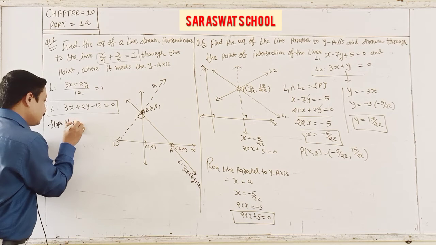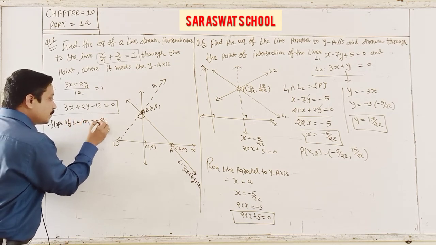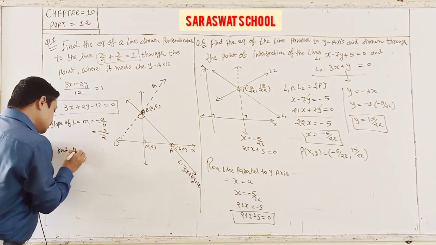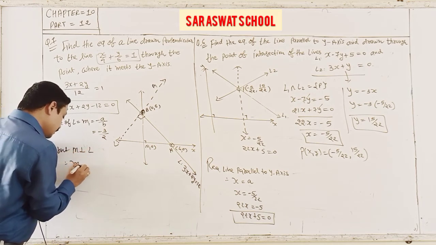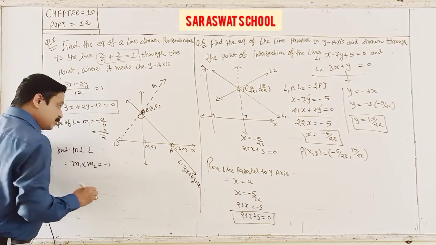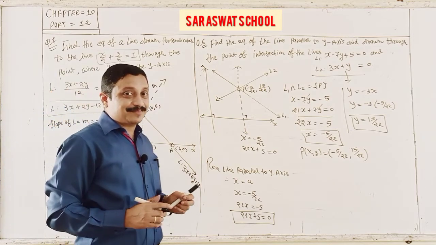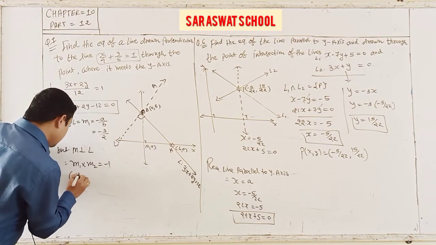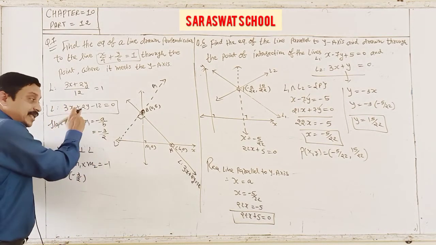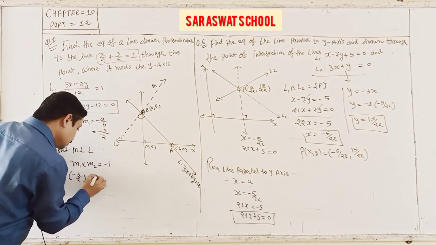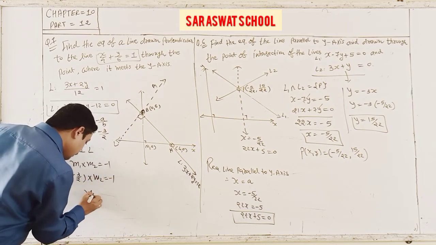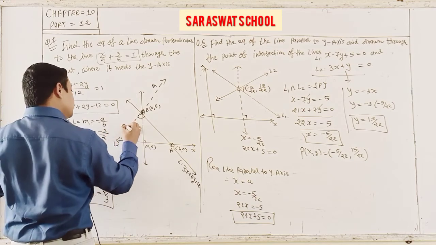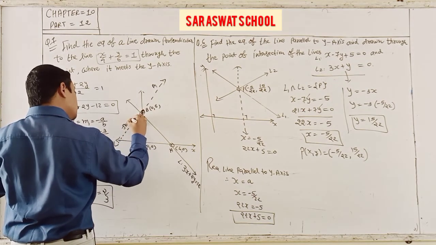Slope of L, which is m1, is minus a by b, but m is perpendicular to L, so m1 m2 is equal to minus 1. And what is m1? m1 is minus 3 by 2 according to the slope formula minus a by b, and into m2. So what is m2? It is 2 by 3, and I write that slope here in this drawing, slope 2/3.